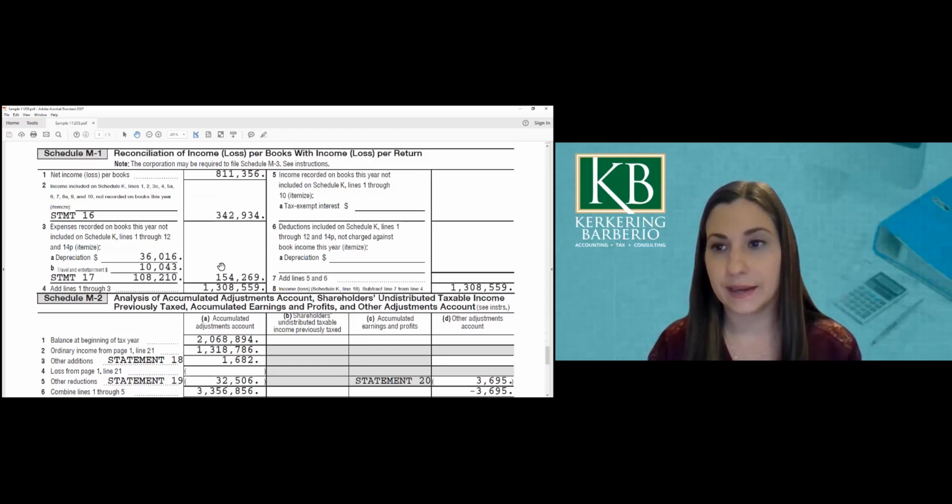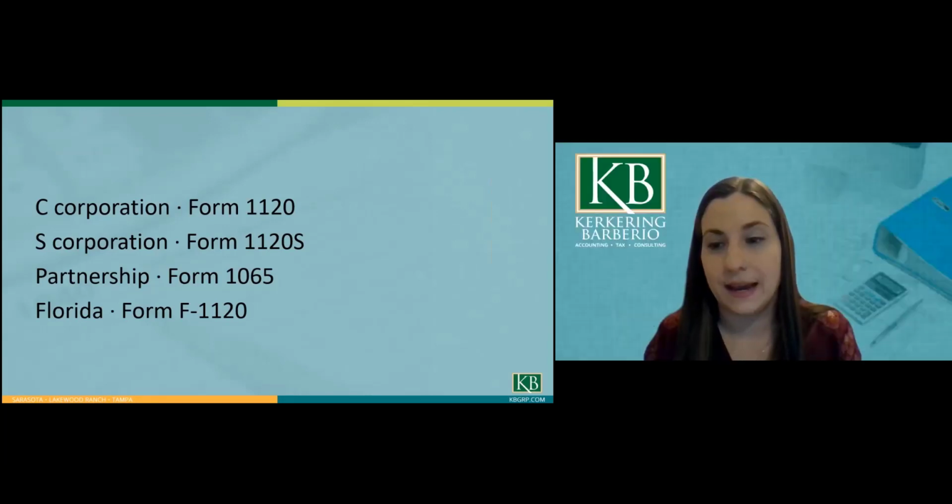It reconciles the difference between net income or book income prepared by the client, our tax differences, and overall taxable income.